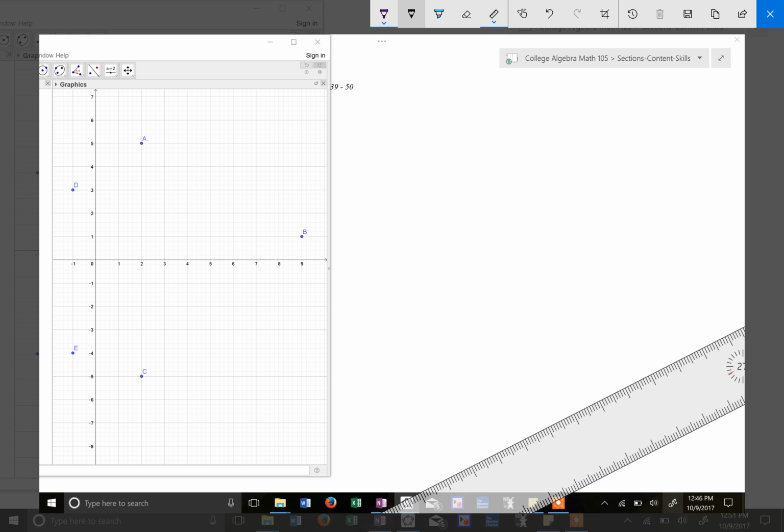And that is, what if I knew the midpoint? Let's say I knew the midpoint was 4, 1. That's the midpoint of A and some unknown point. Well, midpoint equals x1 plus x2 over 2, y1 plus y2 over 2. And I know that A is 2, 5.